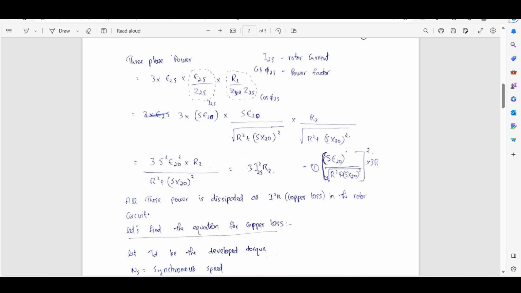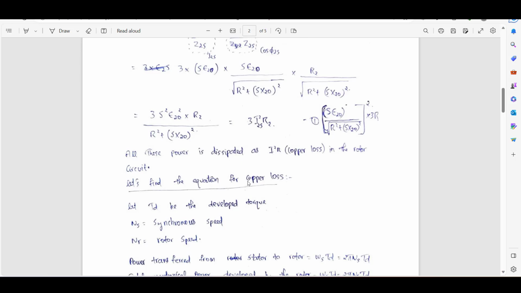The EMF induced divided by the total impedance is equal to the current flowing through the circuit, so this whole term is equal to I2(s). This equation transforms to this, and it represents the copper loss in the rotor circuit. What we can conclude is that all this power is dissipated as I²R, that is, copper loss in the rotor circuit.